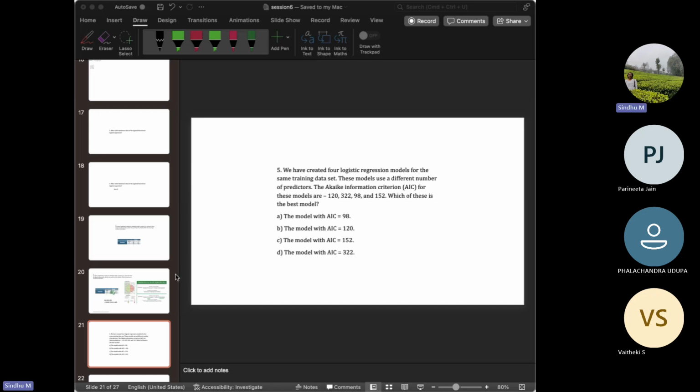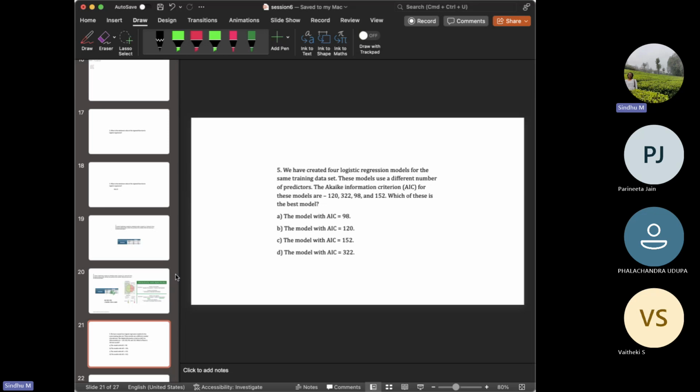So this question is based on the Akaike information criterion. It is a measure of how good a model is. Basically, it considers two things: how many parameters are used in the model, and how well the model fits. If the number of parameters is more, then the value will also be more.